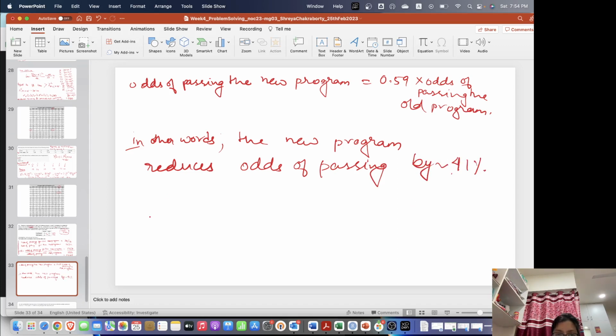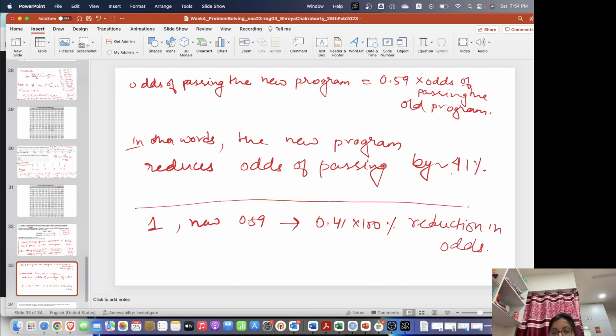If the odds of passing was 1 in the old program, then for the new program the odds of passing is 0.59. So 0.41 into 100%, a reduction has happened in odds. In other words, the new program reduces odds of passing by 41%.